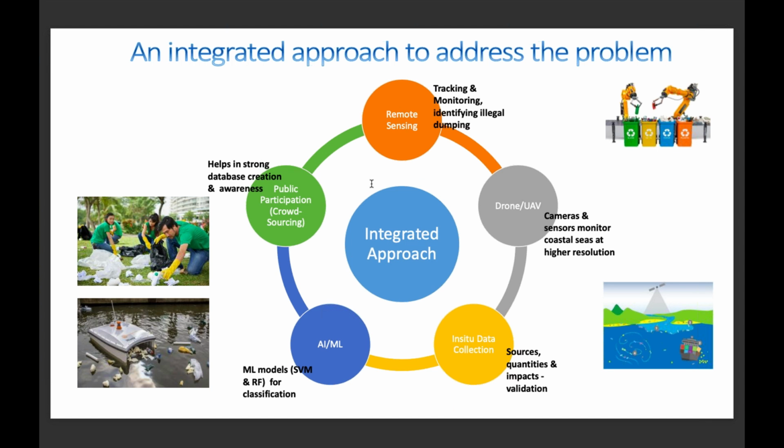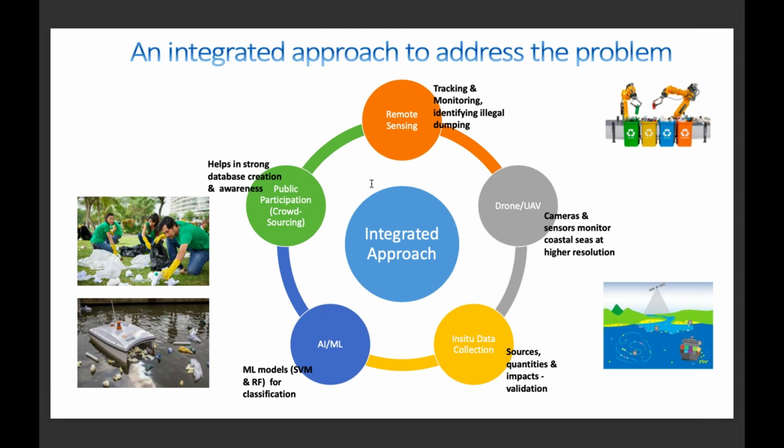Then comes the drones and the unmanned aerial vehicles, the UAVs. So how it helps is if you have to get information on a very site specific basis at very high resolutions, the cameras and the sensors can monitor the coastal areas at a very high resolution, especially inaccessible regions like rivers and any such places.